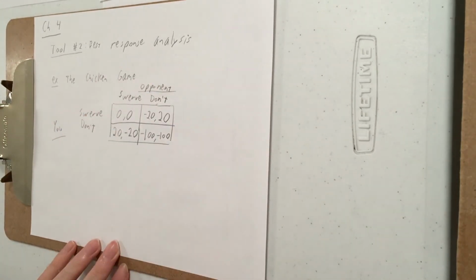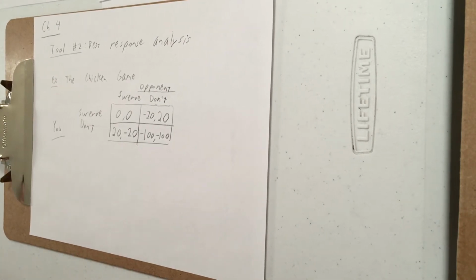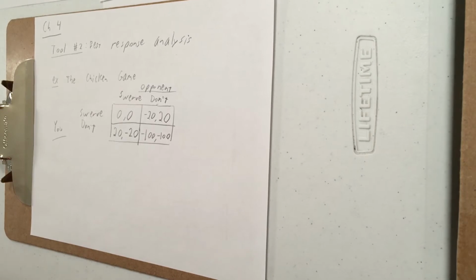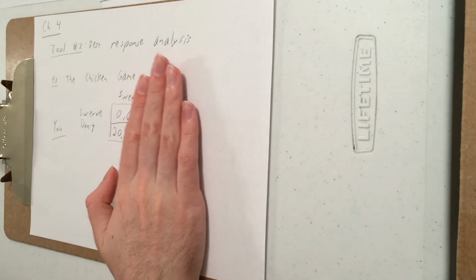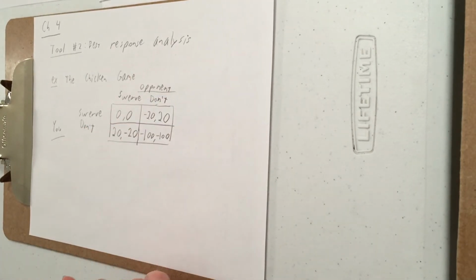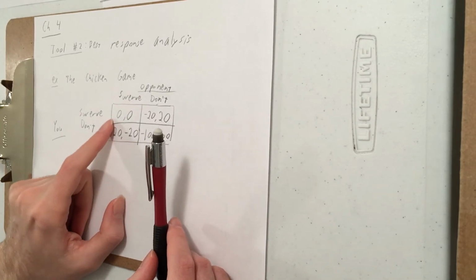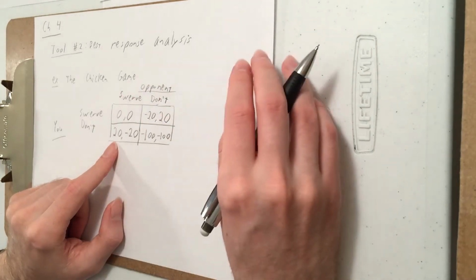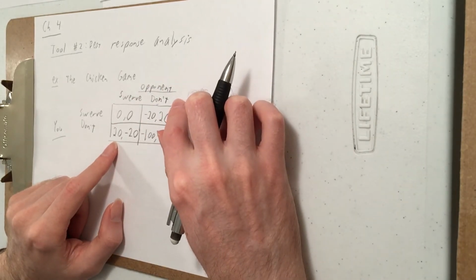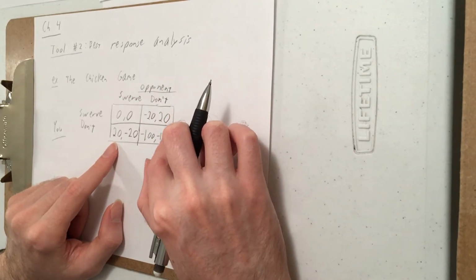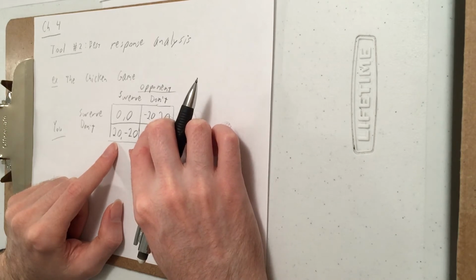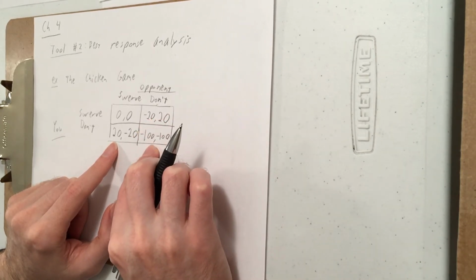One appeal of best response analysis is that it can succeed in places where strict dominance does not. We can verify quickly that there is no strictly dominant strategy. If your opponent is playing swerve, then you're better off playing don't swerve. You get 20, rather than 0. However, if your opponent plays don't swerve, in that case you're better off playing swerve and getting negative 20. Negative 20 is better than getting minus 100.